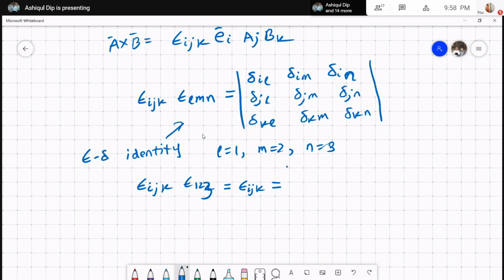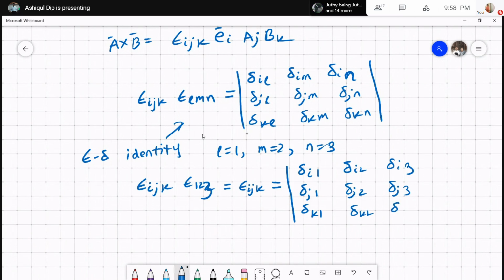So epsilon ijk has to be equal to the determinant of Kronecker delta i1, delta i2, delta i3, delta j1, delta j2, delta j3, delta k1, delta k2, delta k3. This thing.